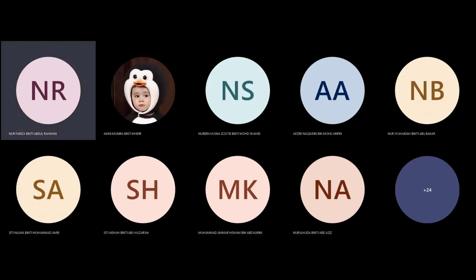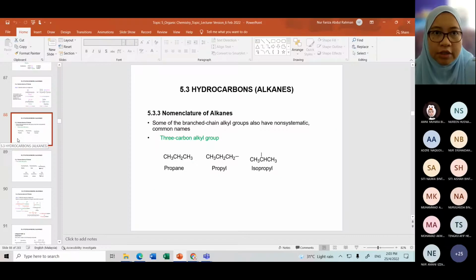So let's start. In the previous lecture, which was last week, we discussed up until the nomenclature of alkenes. To name an organic compound, we have to follow the steps that IUPAC has set for us.